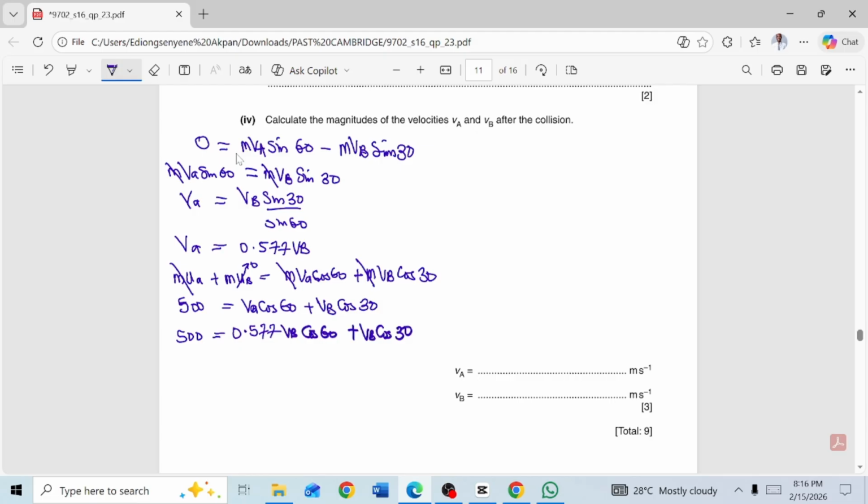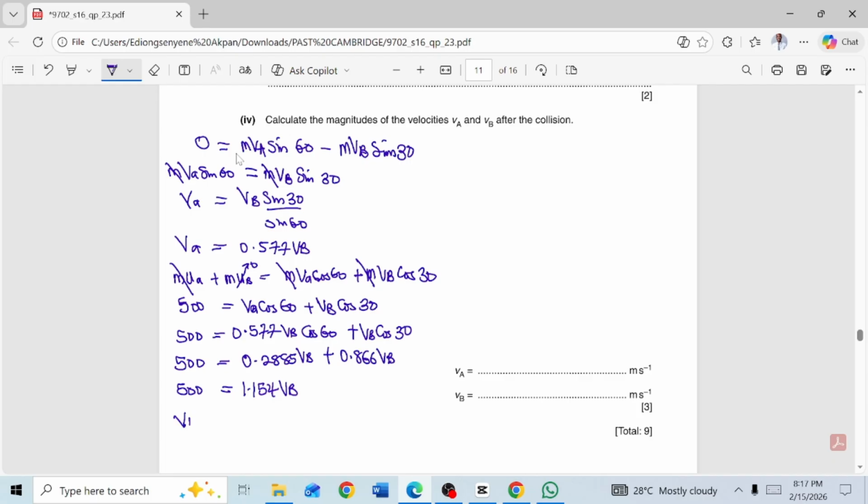We substitute that for us to find the unknown. This gives us 500 equal to 0.2885 VB plus cos 30, which is 0.866 VB. Putting them together, we have 500 equal to 1.154 VB.